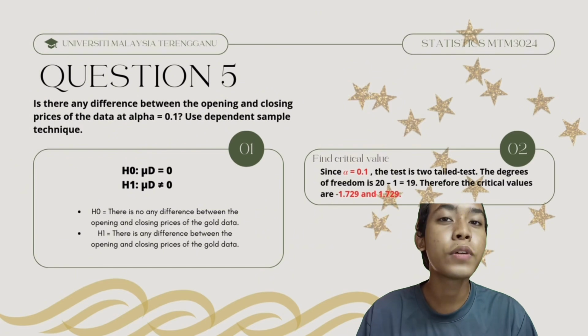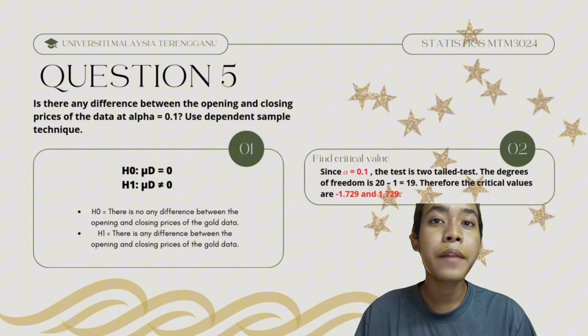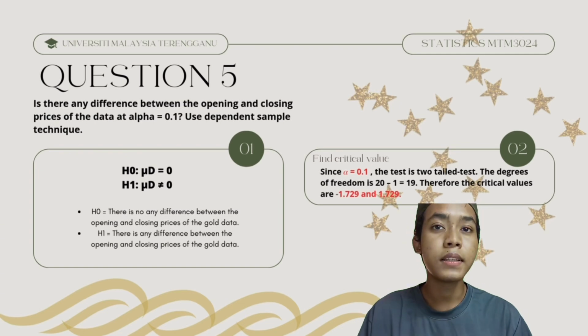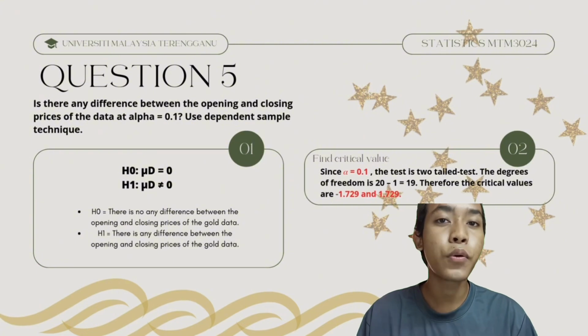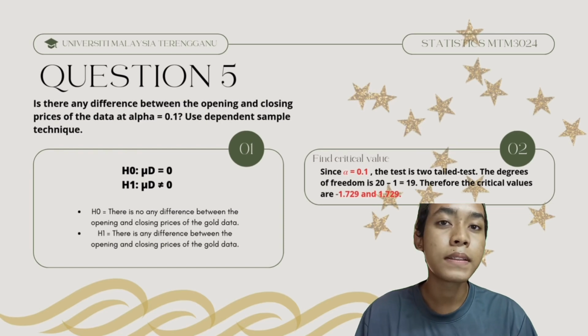With n equal to 20, the degree of freedom is n minus 1, which is equal to 19. Using a t-distribution table, the critical values for a two-tailed test at alpha 0.1 are negative 1.729 and 1.729.